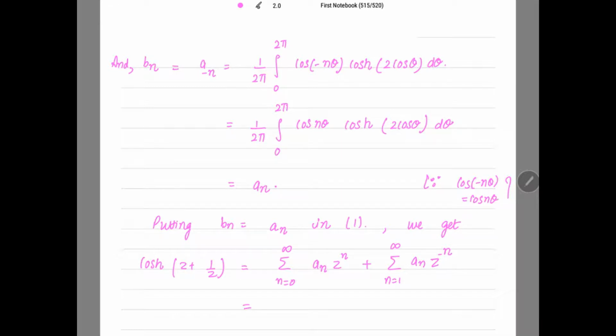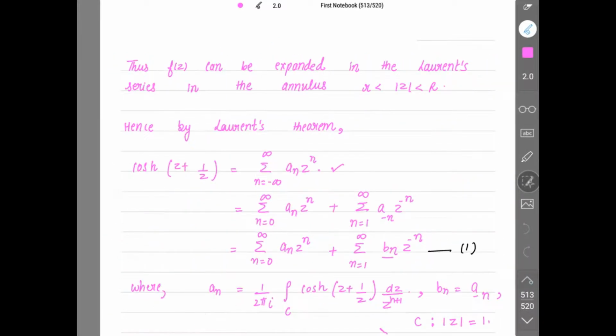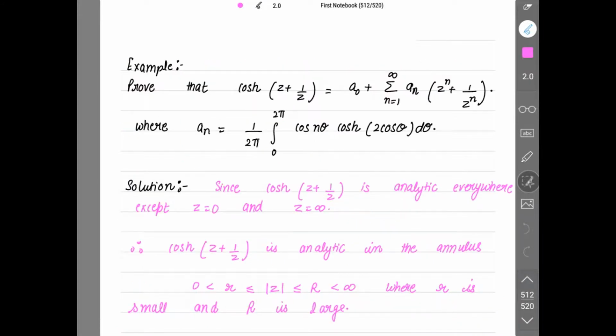Putting the values of bn equal to an and a1, we get cos z plus 1 over z is equal to the infinite sum an z to the power n plus the infinite sum, which starts from 1, instead of bn I put an here because both the values are equal, z to the power minus n. Now I need the first term to be a0, right?